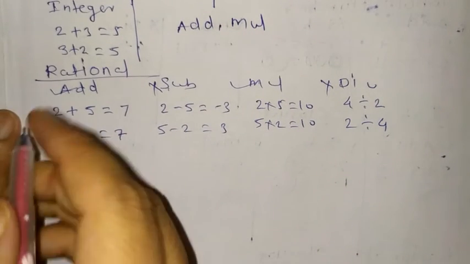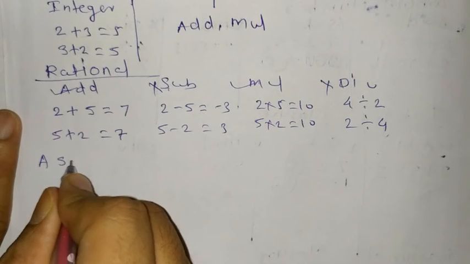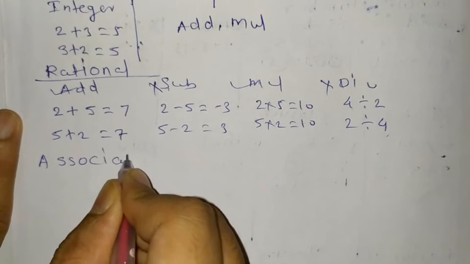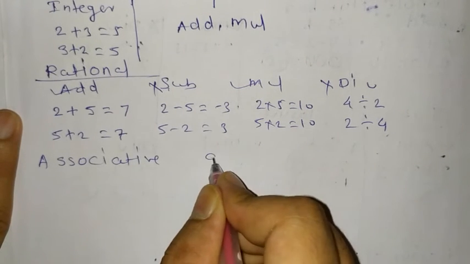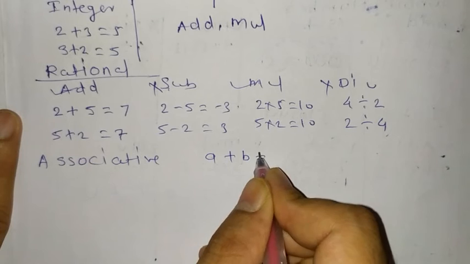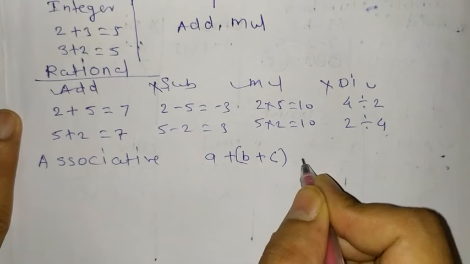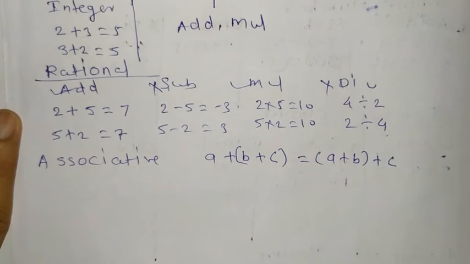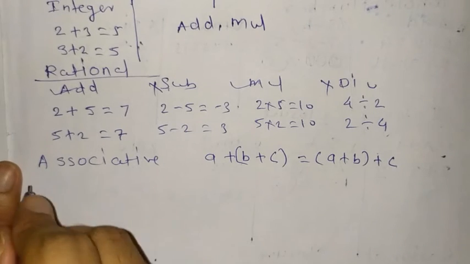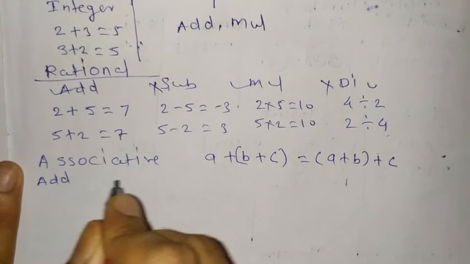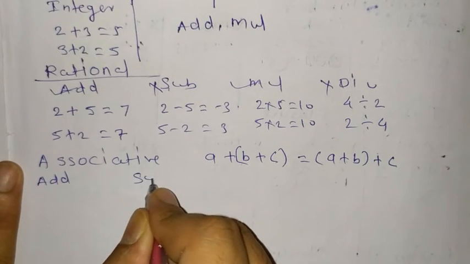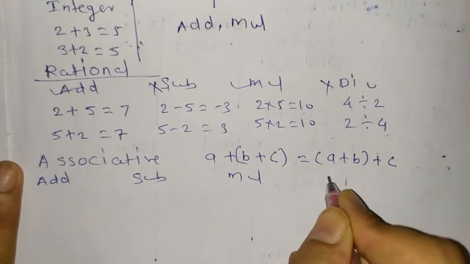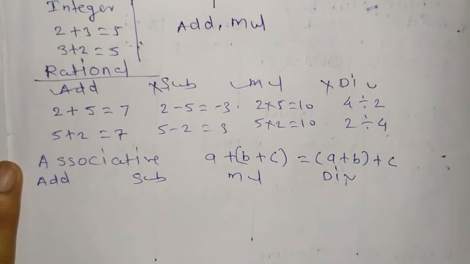Now we will take associative. Associative means, friend, a plus b plus c can be written like a plus b plus c with the brackets placed differently. That is known as associative. Now here we will directly see rational numbers, because it works the same for whole and natural numbers also.